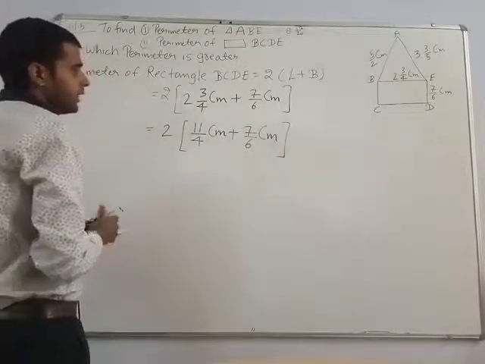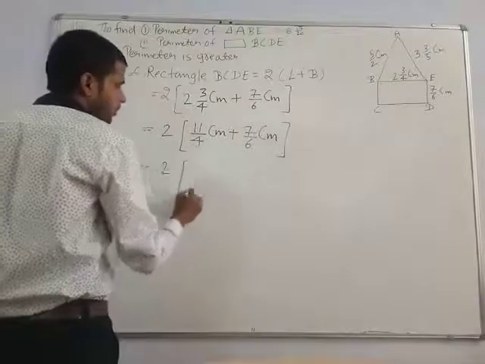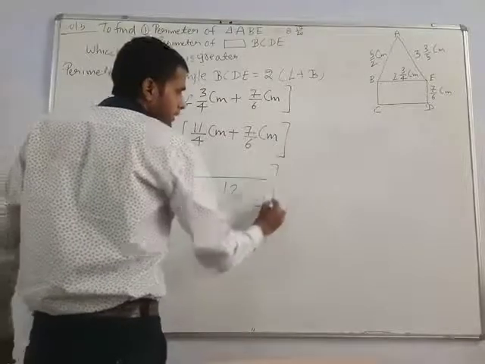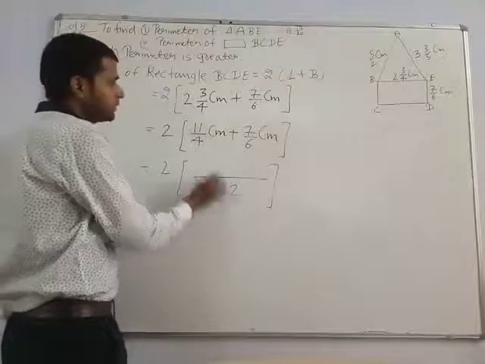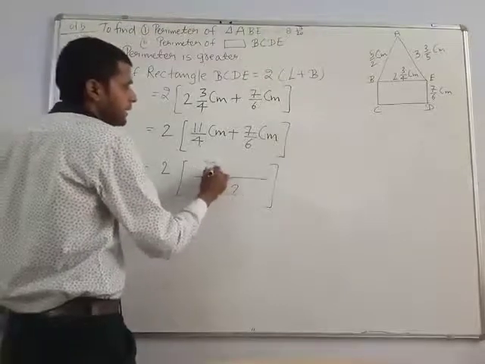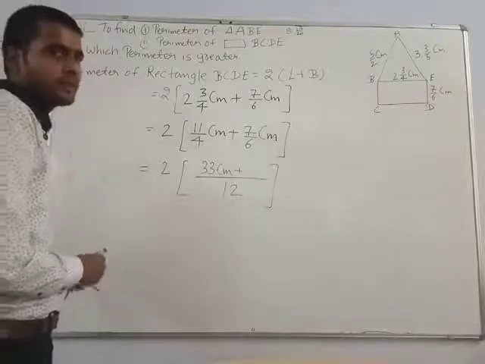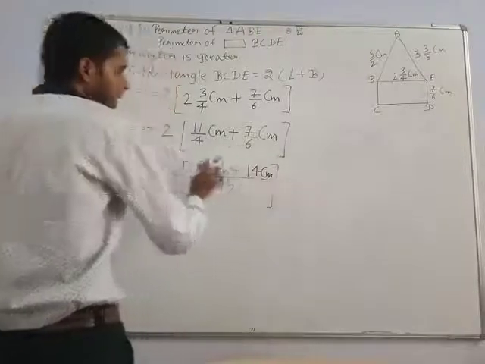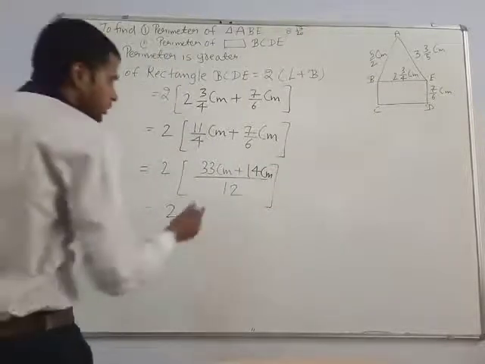Okay, then you have to take the LCM. The LCM of 4 and 6 is 12. 12 divided by 4 is 3, 3 times 11 is 33, plus 12 divided by 6 is 2, 2 times 7 is 14 centimeter. 14 plus 33 is 47.